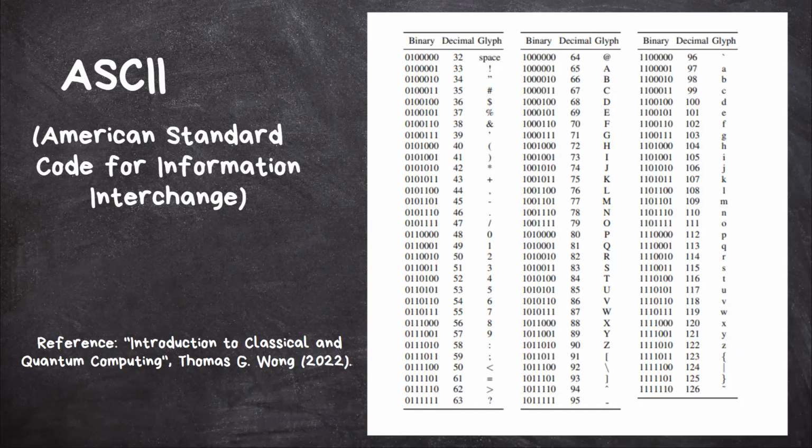Let's suppose the letter A here is stored with this 1000001. This is how this letter is encoded in the computer.